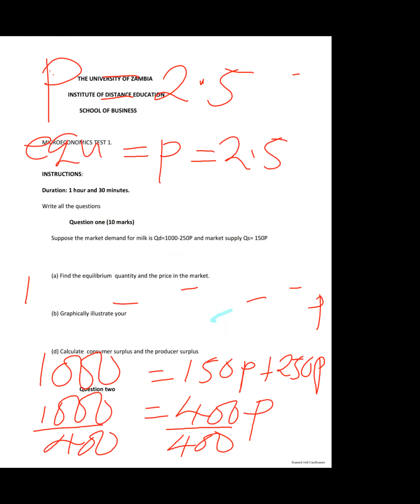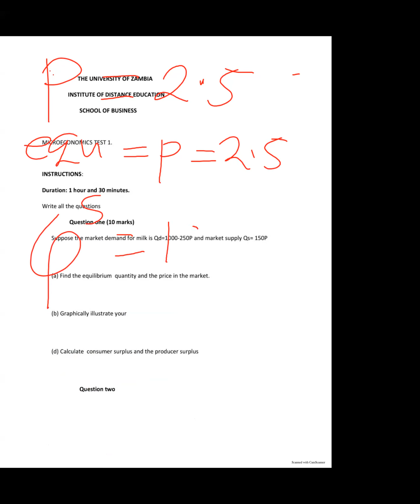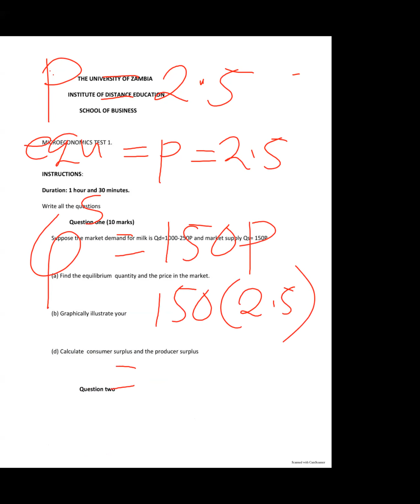Replacing into the supply equation, our supply equation is QS, quantity supplied, equal to 150 P. Where there is P, we replace it by 2.5. So we have 2.5 times 150, which gives us 375 as the equilibrium quantity.